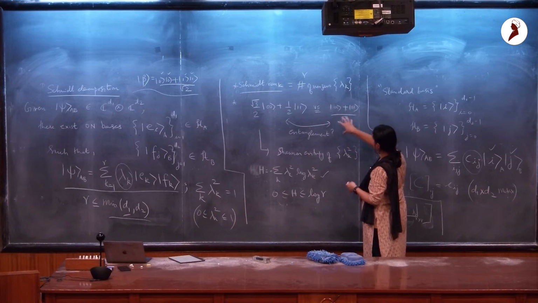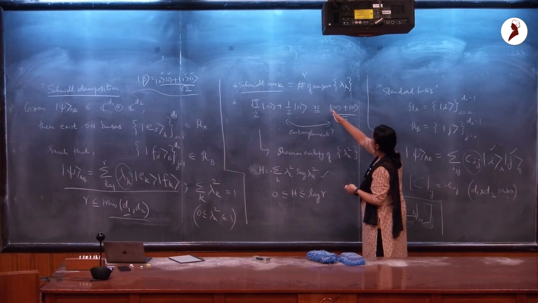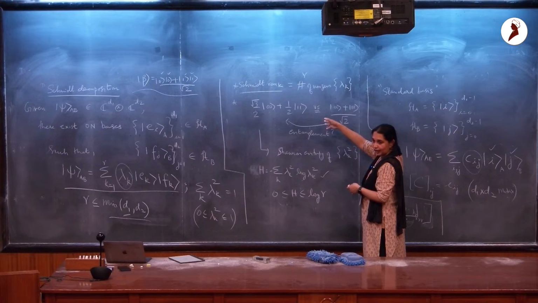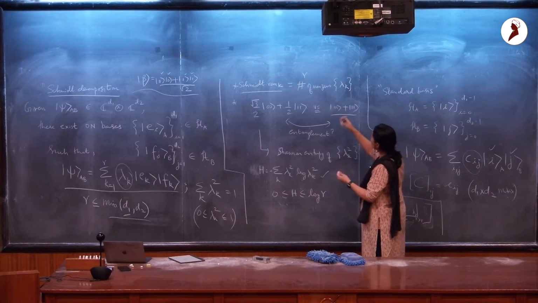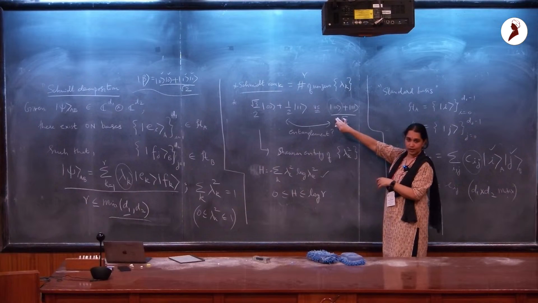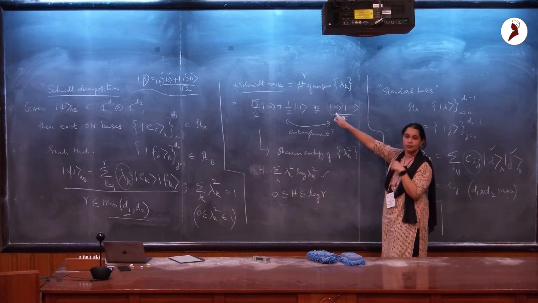If I have this bipartite state, and on subsystem A, I perform a measurement in the 0, 1 basis, I get a particular outcome. Let's say I get outcome 0. Then because the state has now collapsed to this part of the superposition, the outcome on the second subsystem must also be 0.